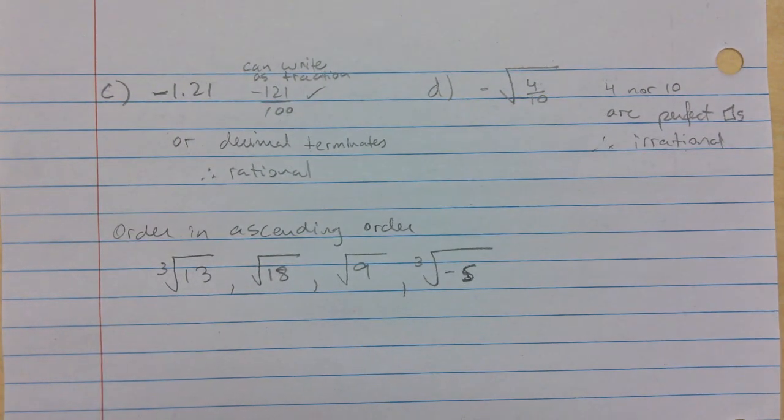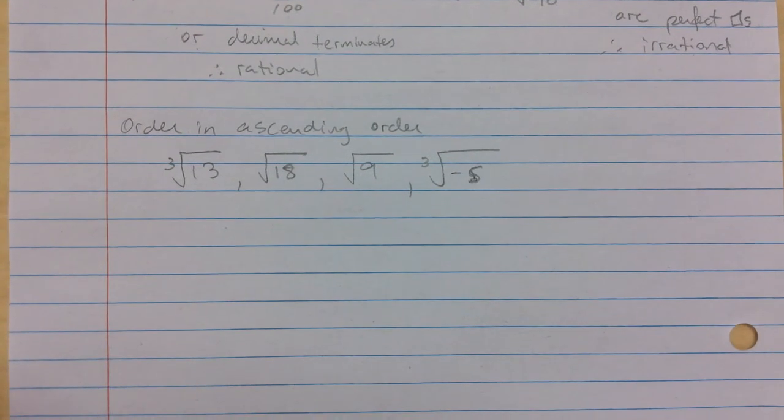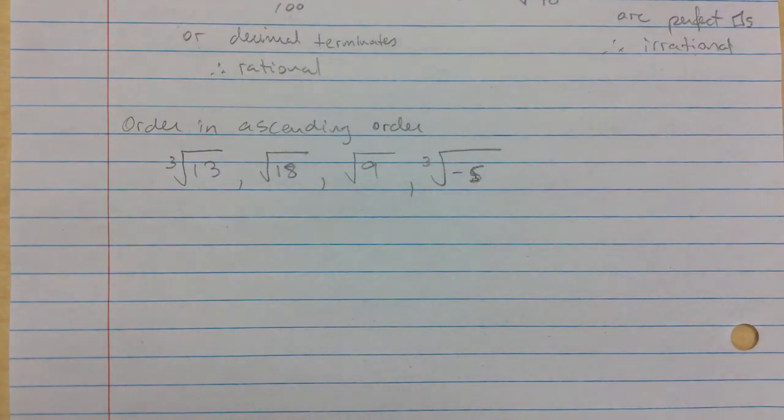Let's say I asked you to arrange this in ascending order, so from smallest to greatest. So go ahead and do this right now. I already did this in the first lesson that I posted. If you need a review, go and review that there, but see if you can arrange this in ascending order. Pause it and then do that.